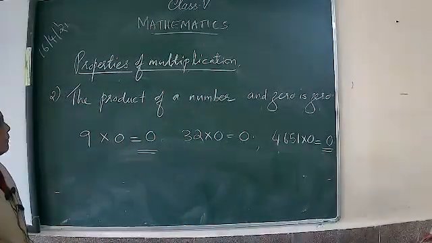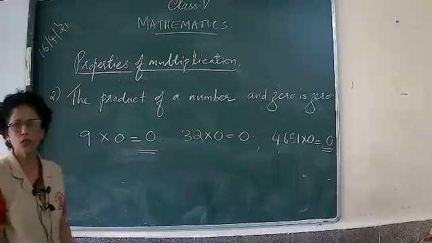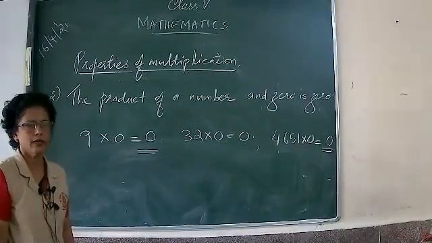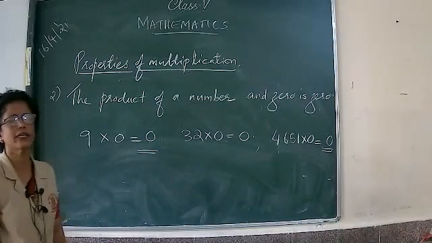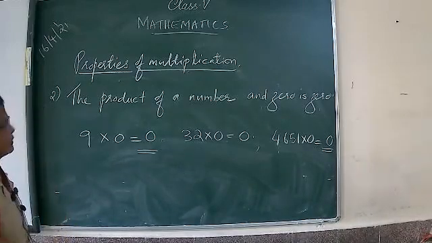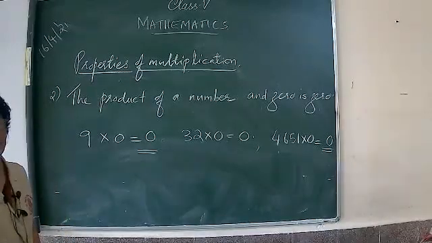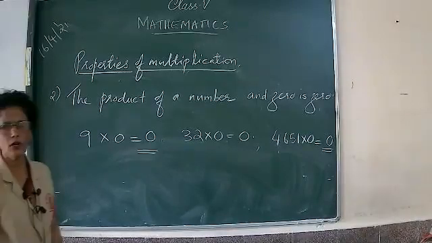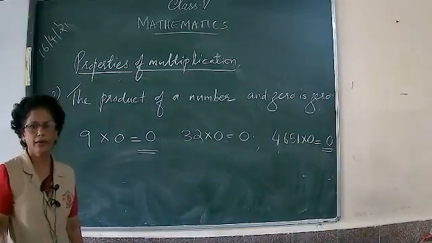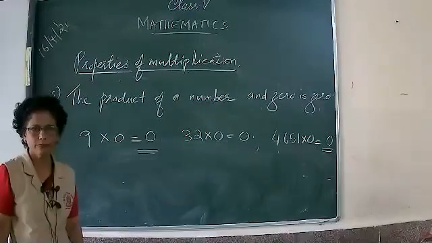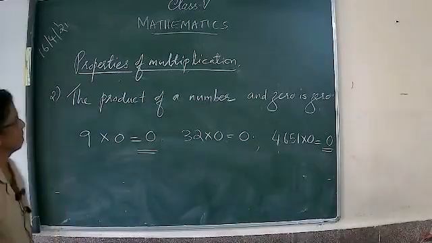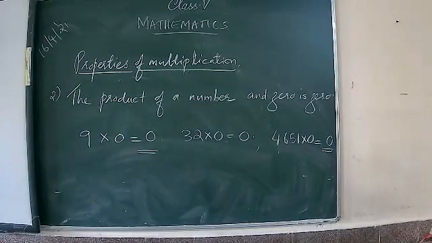The product of a number and 0 is 0 always. Understood? Any number you multiply by 0, you will get 0 as the answer. Have you all understood that? Yes or no? Okay. Copy down that.